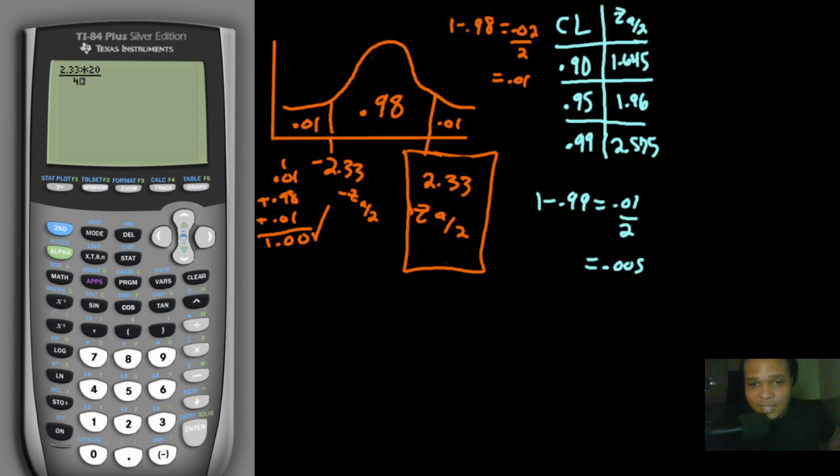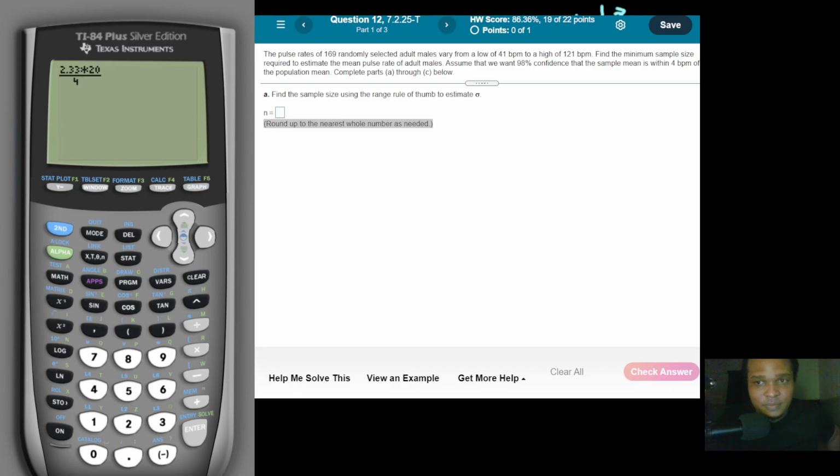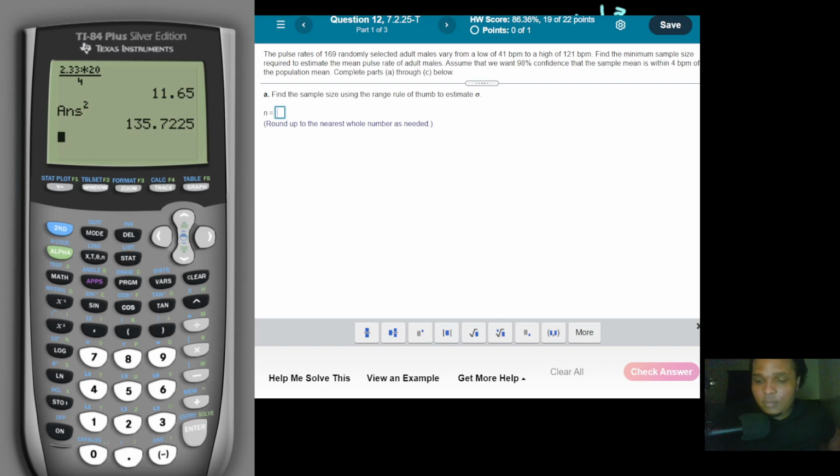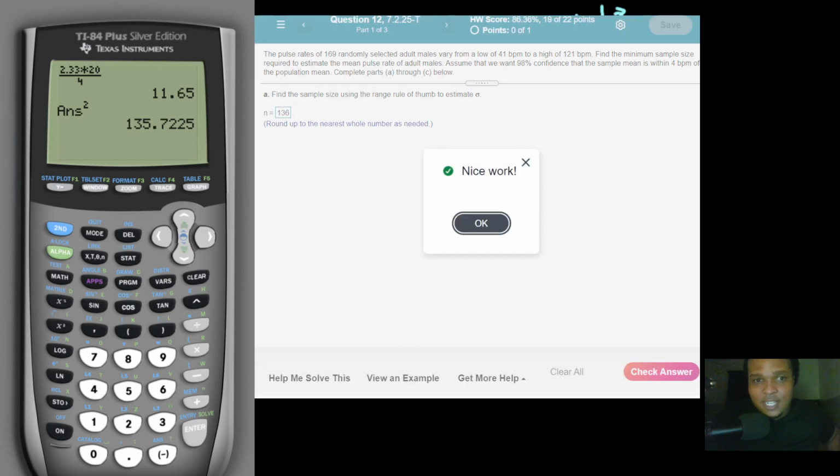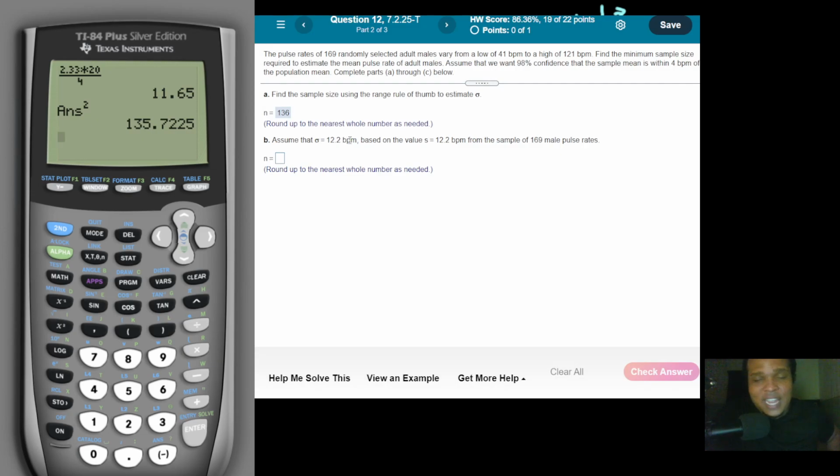Let me let you guys see that. Don't forget to raise everything to the second power. 136. Nice work. Now they gave us a standard deviation to use. We're going to go right back up here. We're going to go to the 20.